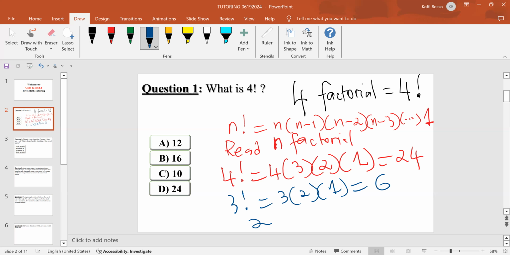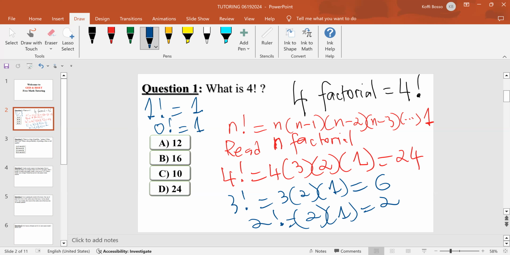Or if they ask what is 2 factorial, that is 2 times 1, and that gives you 2. Or if they ask what is 1 factorial, it's just 1. And 0 factorial is the same thing, 1. So 1 factorial is 1, 0 factorial is 1.